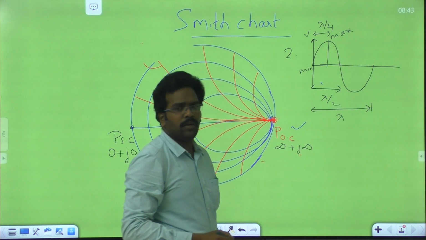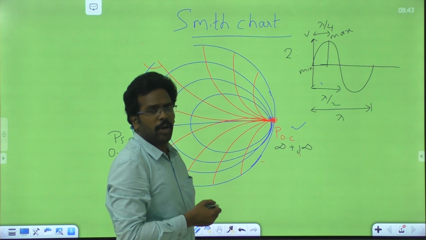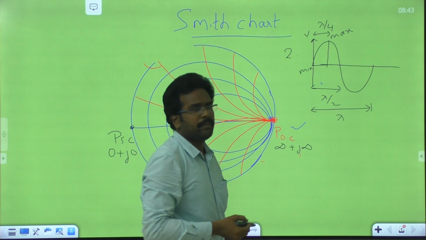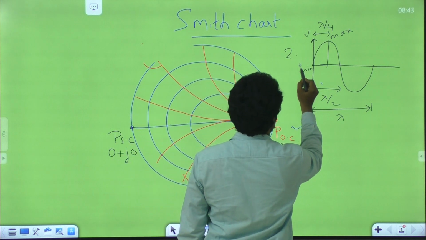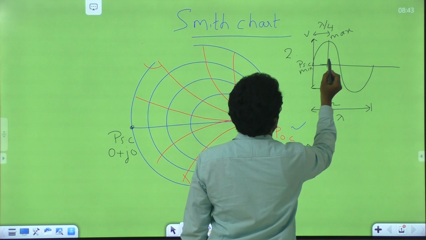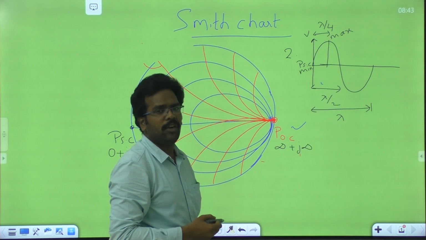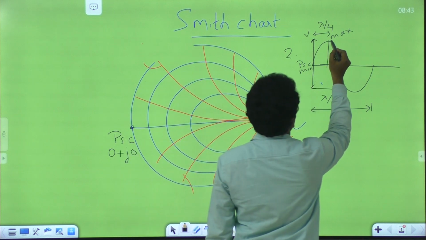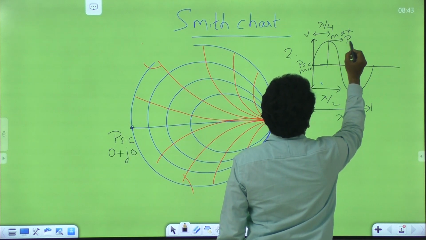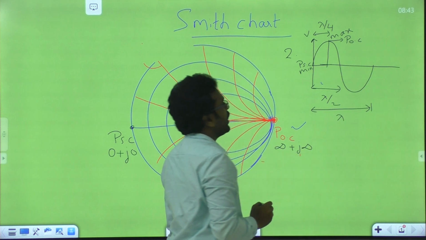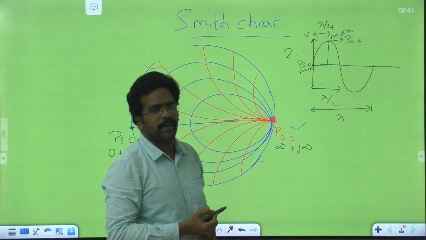When the voltage is minimum, at the short circuit point the voltage is minimum. Therefore I can take this as the PSC point, and when the voltage is maximum, it is an open circuit point. Therefore I can take this point as the POC point. So from this waveform, what can we observe?